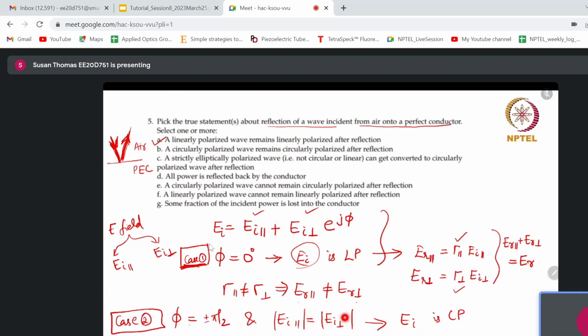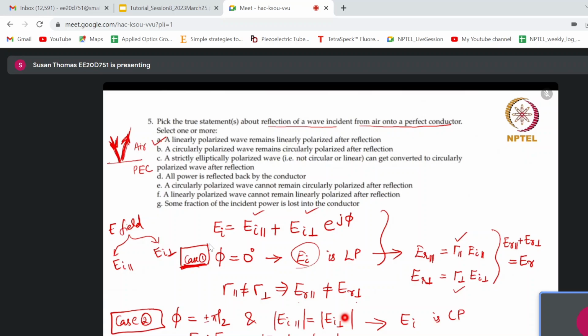Here again gamma parallel is not equal to gamma perpendicular. Therefore the ER parallel magnitude is not equal to the ER perpendicular magnitude. The magnitudes of the reflected fields are not equal.